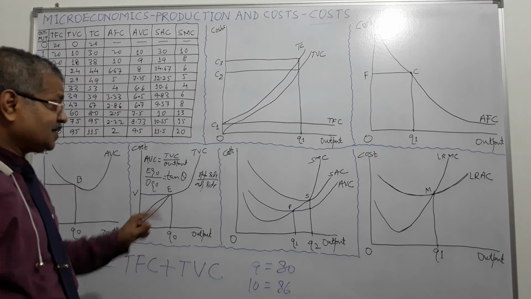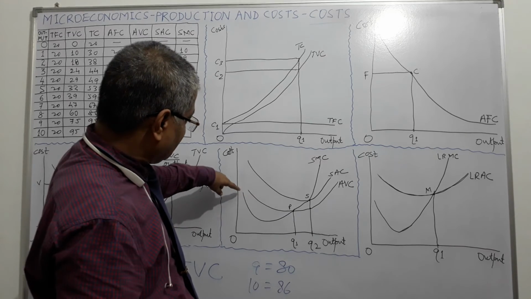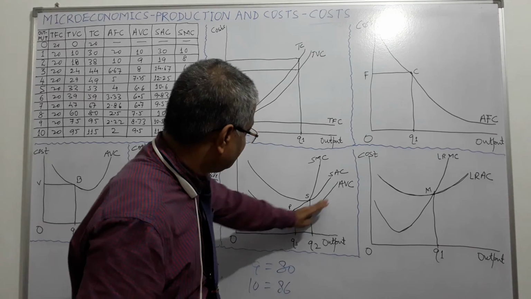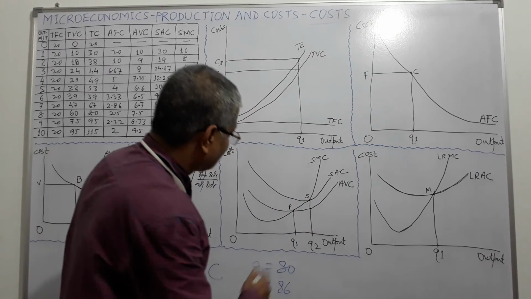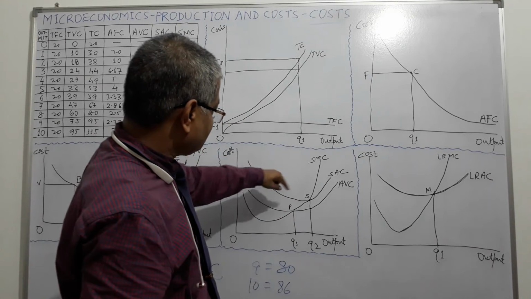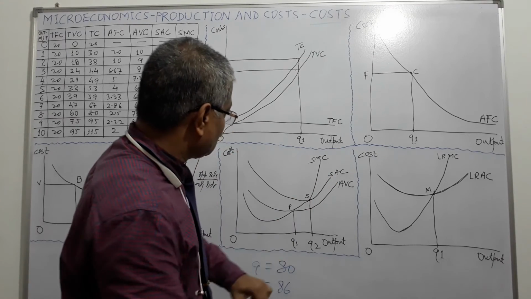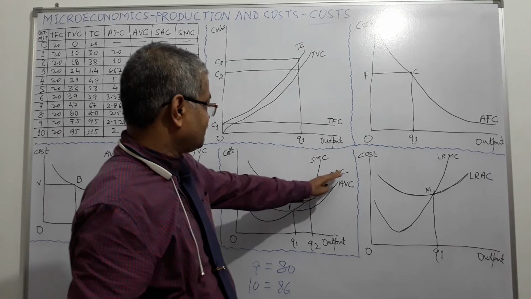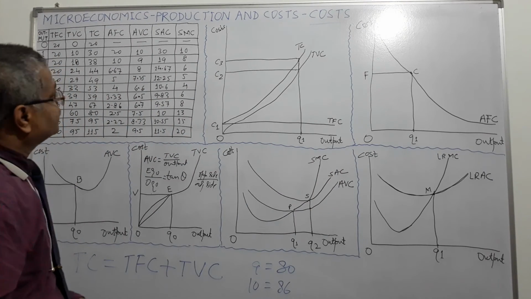And in the same way in the previous one here, SMC cuts AVC from below at its lowest point P, and SMC cuts SAC at its lowest point S. S is the lowest point of SAC, short run average cost, and SMC cuts there, right?